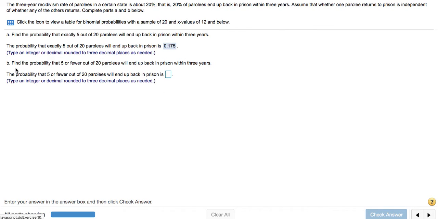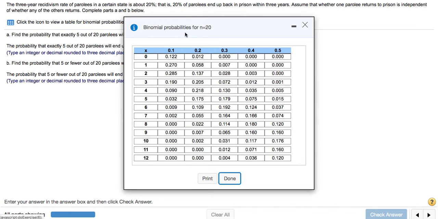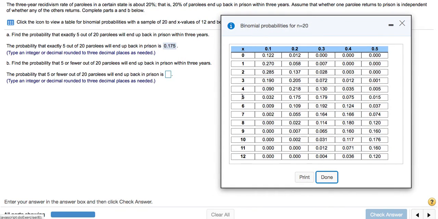Okay, part B says, find the probability that 5 or fewer of the 20 parolees will end up back in prison within 3 years. I'm going to open the table back up. So from this table, 5 or fewer means you're including 5, but also 4, 3, 2, 1, and potentially none of the parolees end up back in prison.